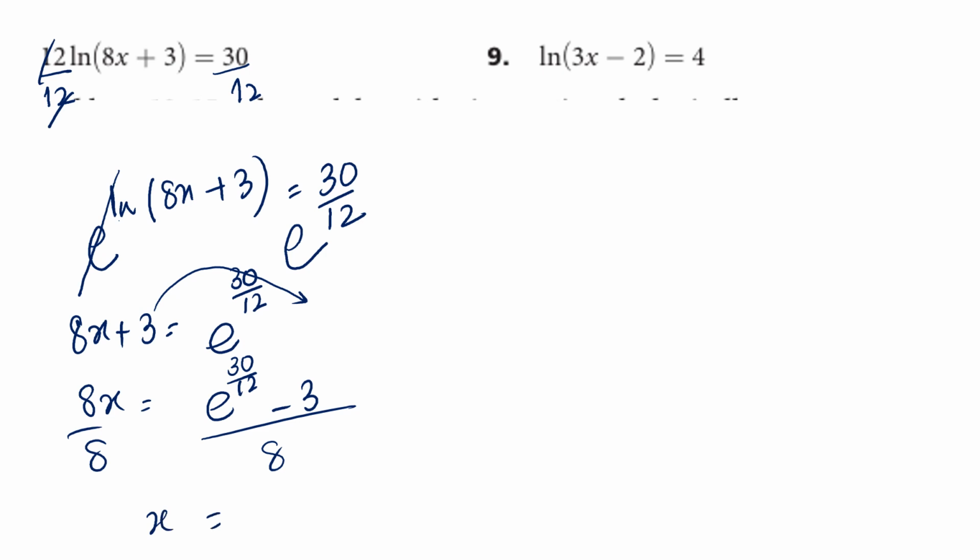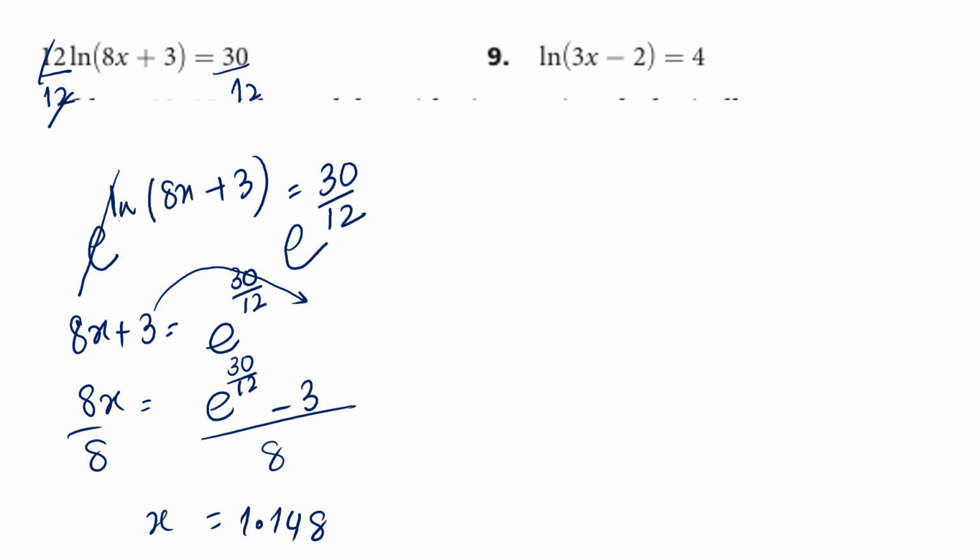Now to write the e, you have to write in the calculator shift ln. So write the power as 30 over 12. Then you have minus 3, divided by 8. So answer is 1.1478.